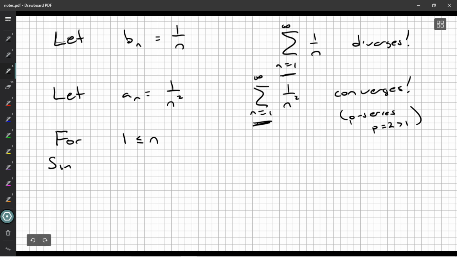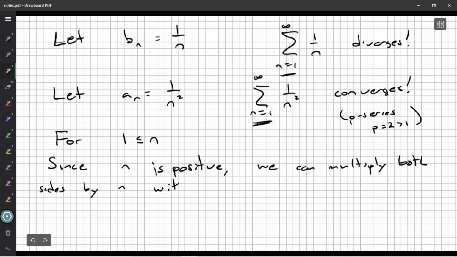So we might say, since n is positive, we can multiply both sides by n without changing the inequality.